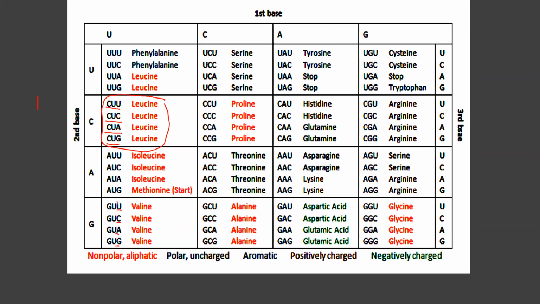So any change to the end of this thing doesn't matter, right? As a matter of fact, usually speaking, changing the third base tends to give you a silent mutation. That's the degeneracy they're talking about, right? So basically multiple different ways of getting the same outcome. So remember now, usually the last base, if that one is mutated, it doesn't cause any problems at all. It's silent.